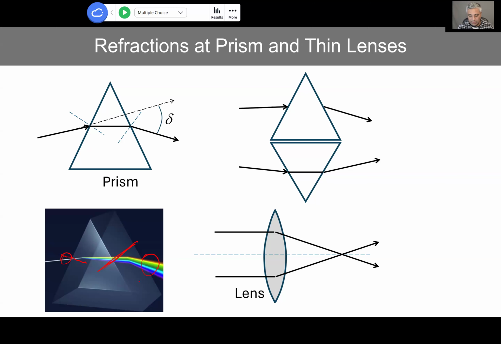I have slides about dispersion at the end as well, just in case we don't make it. For example, if the prism wasn't there, this light would have gone just like that, right? But it's coming out something like this. So this angle here, between the original path and the new path, is called the angle of deviation because of the prism.